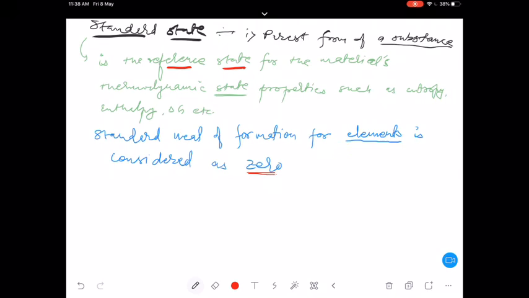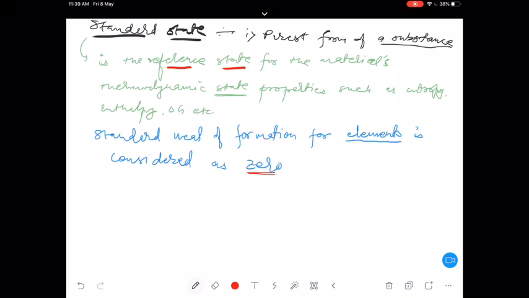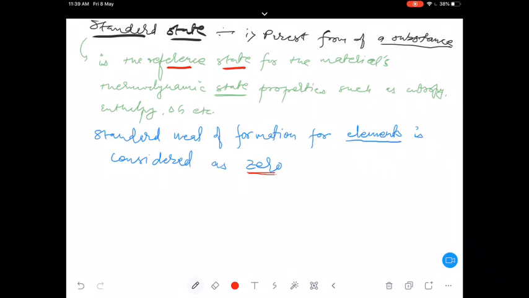Some mass change will be there, and you can apply mass-energy conservation, E equals delta m c square. That much energy change will come, and that will cause an enthalpy change. So C12, if it is present in the form of graphite, is considered the standard state of carbon, and in that case the standard heat of formation of carbon 12 will be considered as 0.